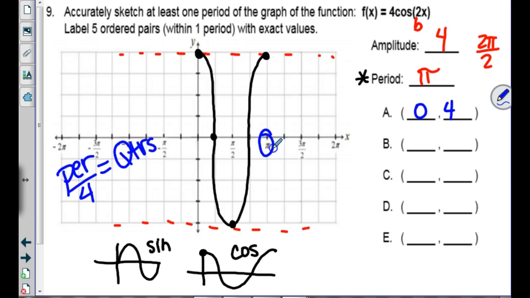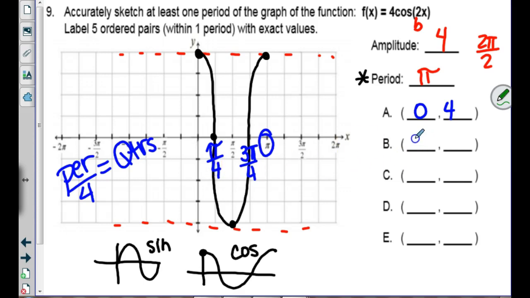So in this case, the period of pi divided by 4 makes this 1 pi over 4, 2 pi over 4, which reduces to pi over 2, 3 pi over 4, pi. Everybody good? Remember quarter points?